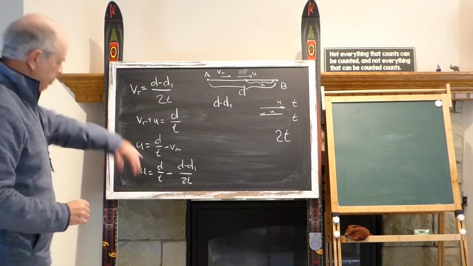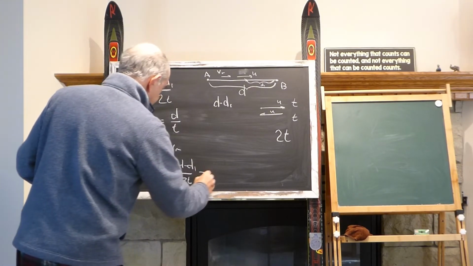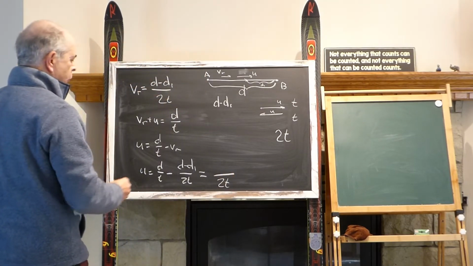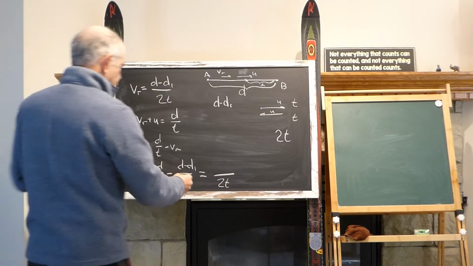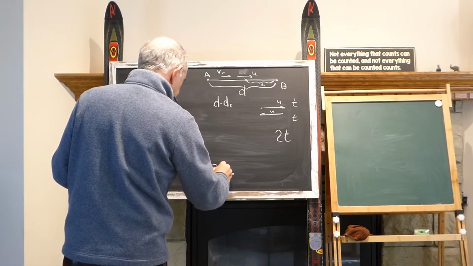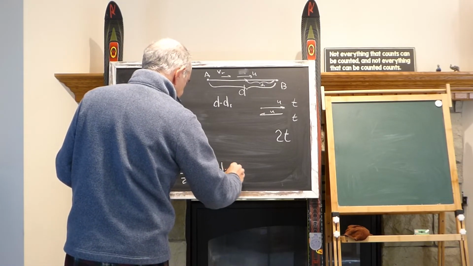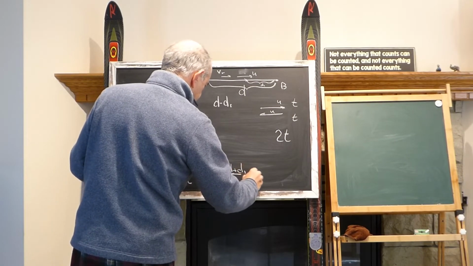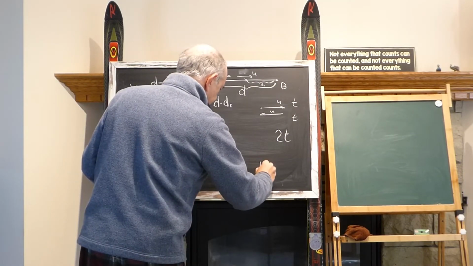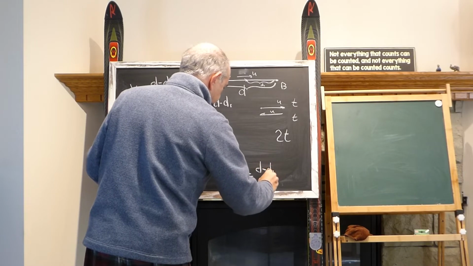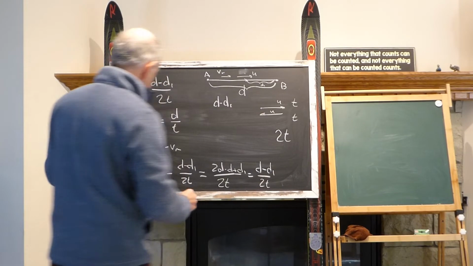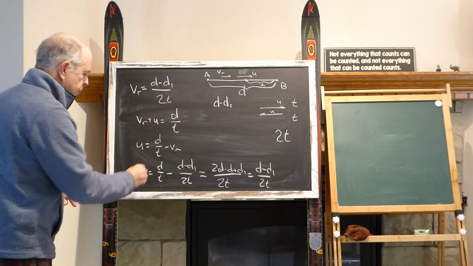We can bring it to the common denominator 2t, and we have 2d minus d plus d1, over 2t. This is the speed of the boat.